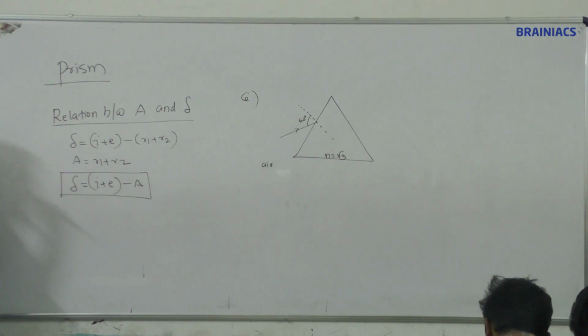Emergence 60, and deviation 60, both are 60.